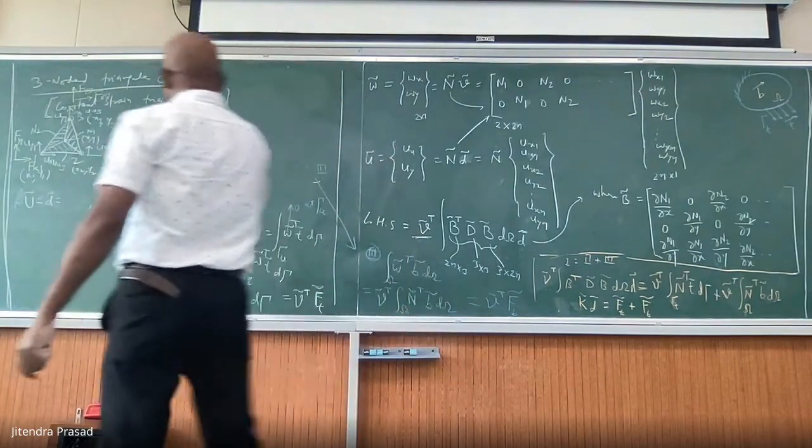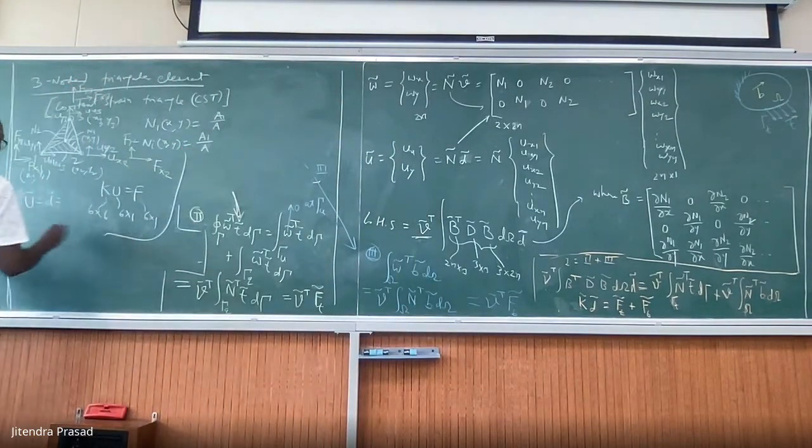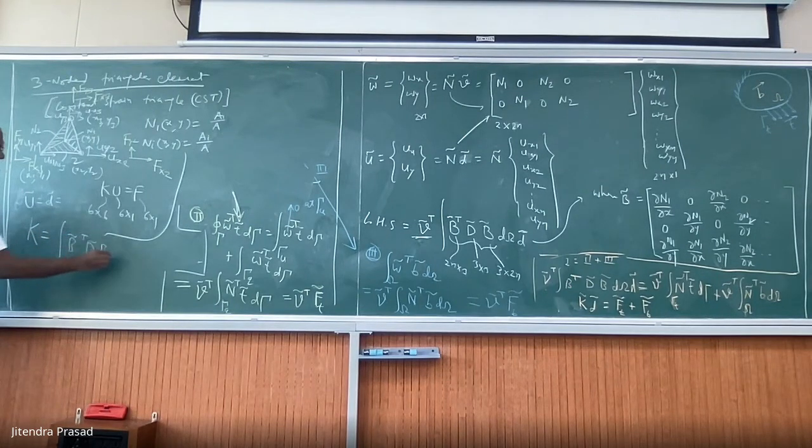Once you know that, then you have to find out K. K is equal to the integral of B transpose D B d omega, and you have to find out what is the value of B. That's it.